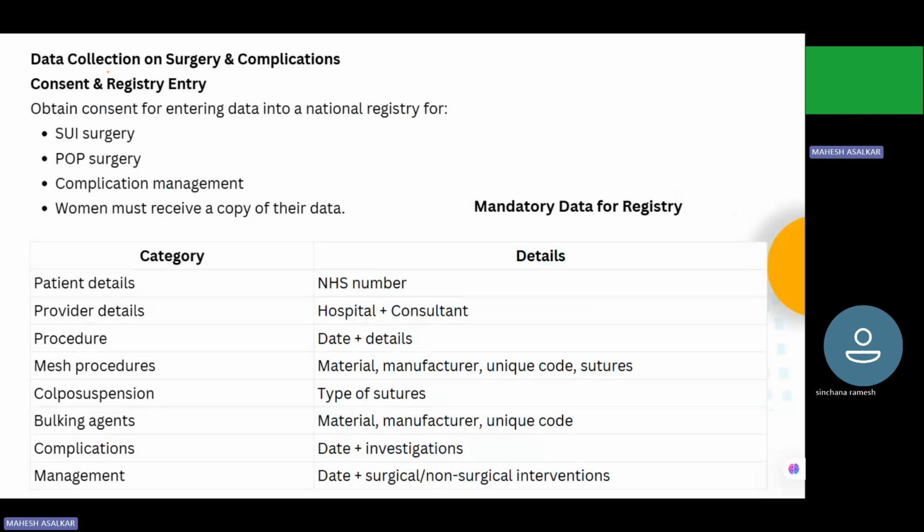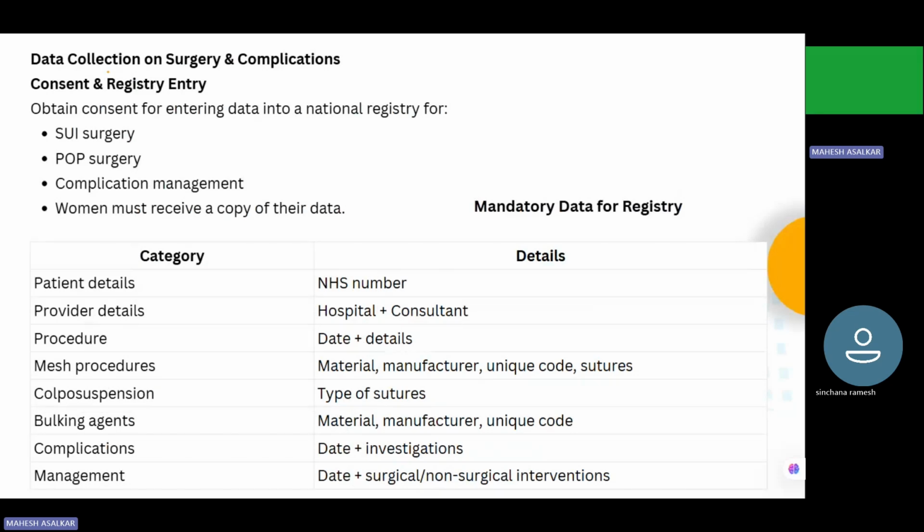Patient details, NHS number, provider details like the hospital, who is the health provider, consultant's name, and the procedure, what procedure was performed, date and details of the procedure. If it is a mesh procedure, then material, manufacturer, unique code and sutures, that also you need to mention.